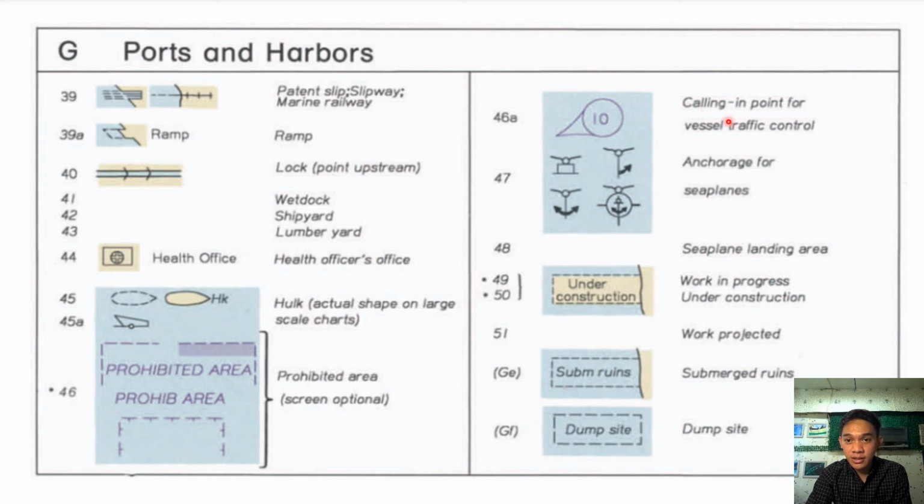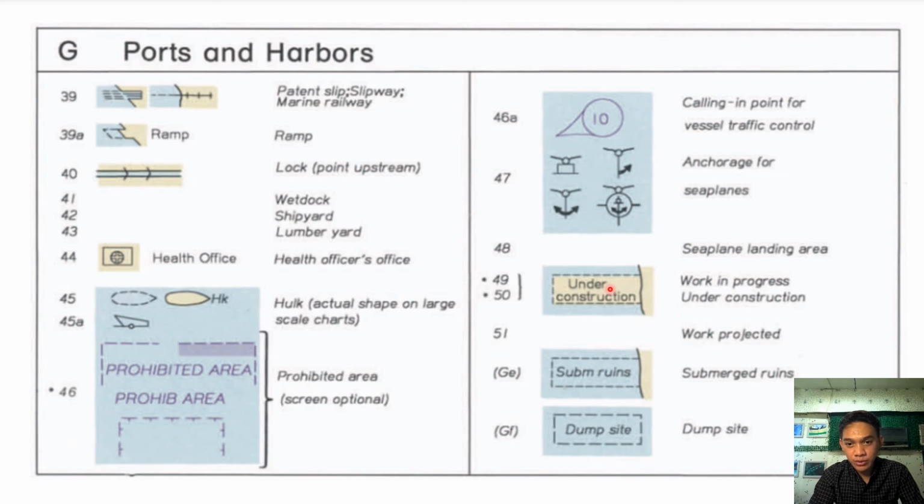The next is calling-in point for vessel traffic control. So a circle with a triangle and with a number on the inside. The next is anchorage for seaplanes. So this is the symbol, anchorage for seaplanes. Next is seaplane landing area, and then next is under construction or work in progress.